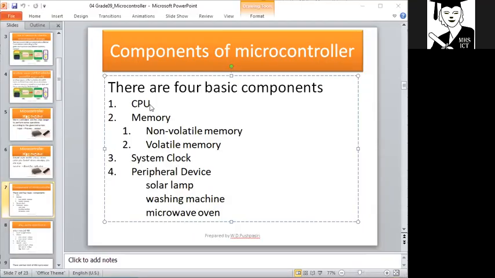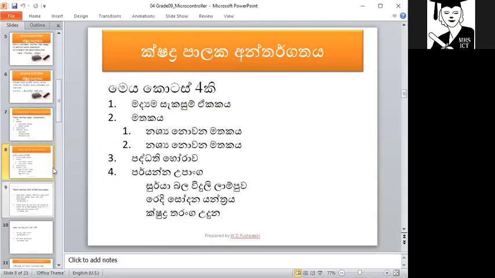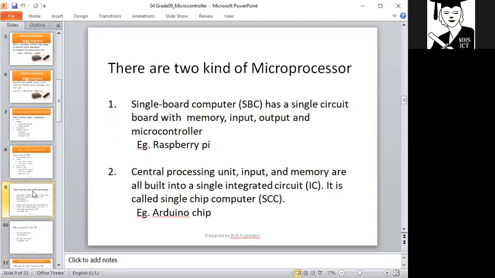And let's see them one by one. There are 2 kinds of microcontrollers, right? There are 2 types. One is SBC, the other one is SCC.